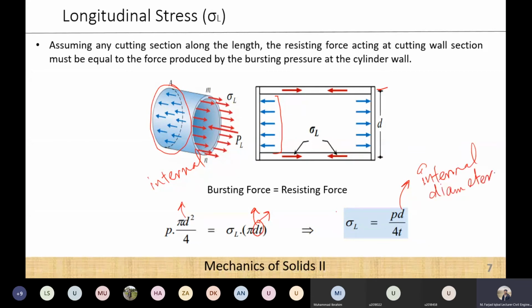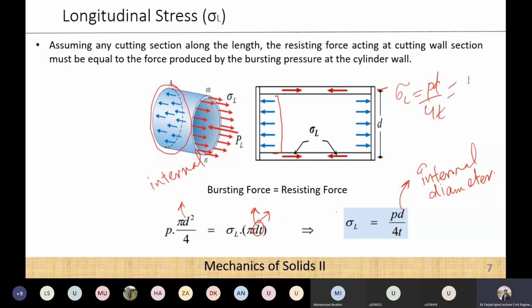of the cylinder. And even if you substitute this diameter from the center of this wall thickness to the center of the wall thickness on the other end, the difference in the pressure is just very small. It would be something like, maybe if you substitute the value as, let's say, 100 for this diameter, that is the internal diameter, and you calculate this longitudinal stress, you may get an answer of something like 9,000 psi.